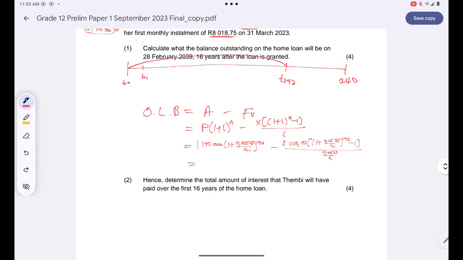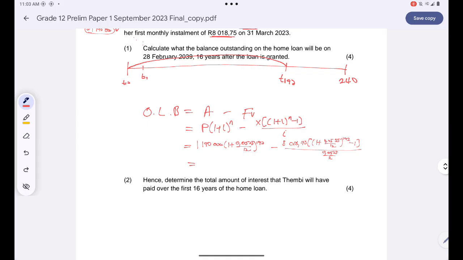That's 1,190,000, and then I have (1 + 0.0525 divided by 12) all raised to the power 192, minus 8018.75 times ((1 + 0.0525 divided by 12) to the power 192 minus 1), divided by 0.0525 divided by 12.